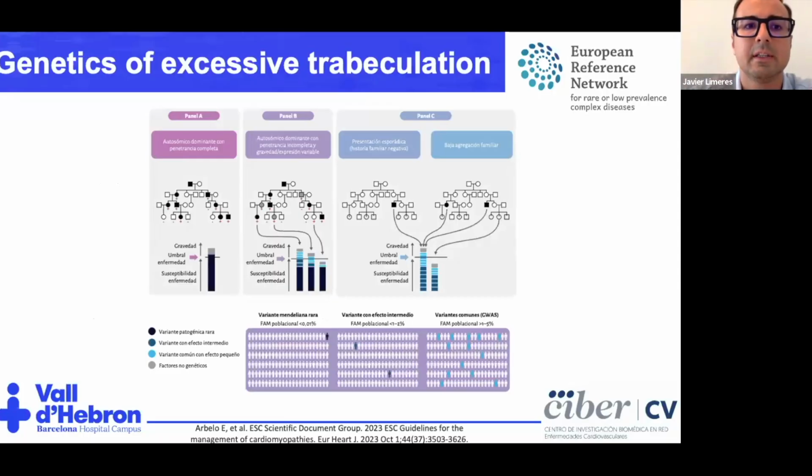And how is the genetics of excessive trabeculation? It's very similar to other cardiomyopathies, because you can find patients or families where the pattern of the disease is very clear, and other cases where you can find only one patient with excessive trabeculation with a disease, a cardiomyopathy with dysfunction of the left ventricle, with a scar, with other findings, but you cannot find other members of the family with the same disease.